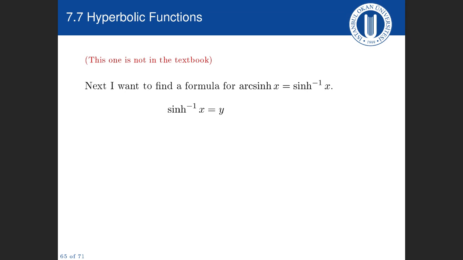And I'm going to do it like this. I'm starting with inverse sinh of x is y, or that's the same as saying x is equal to sinh of y. But sinh of y is just e to the power y minus e to the power minus y over 2.